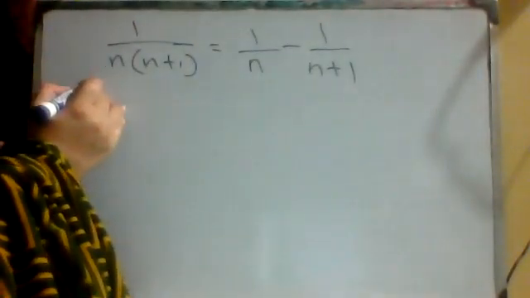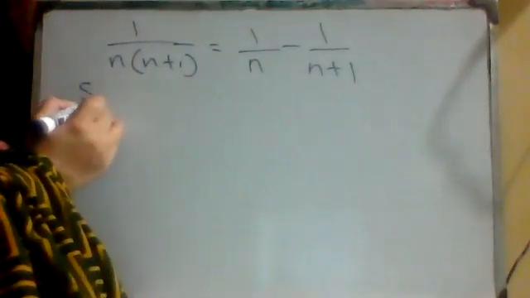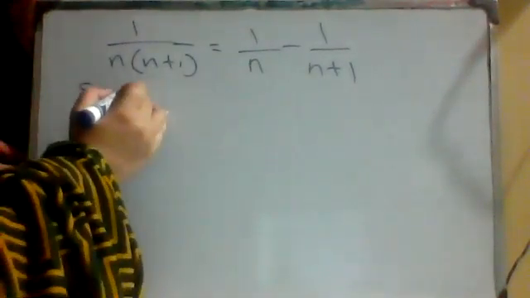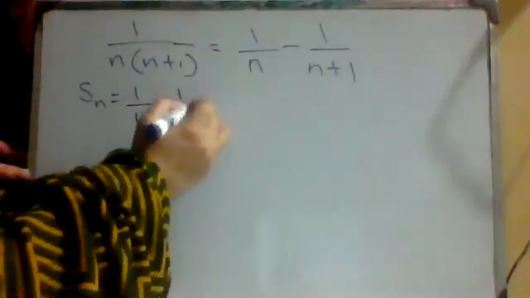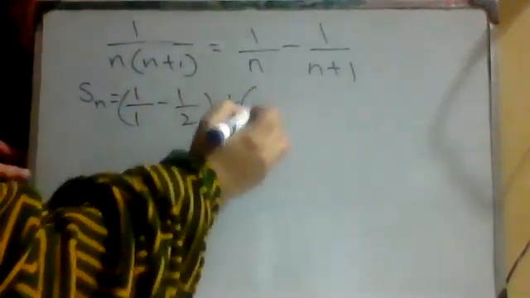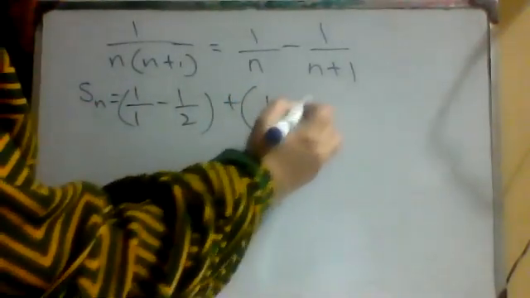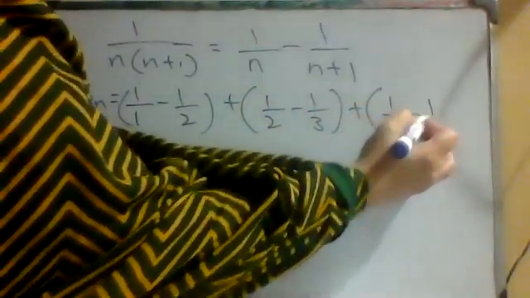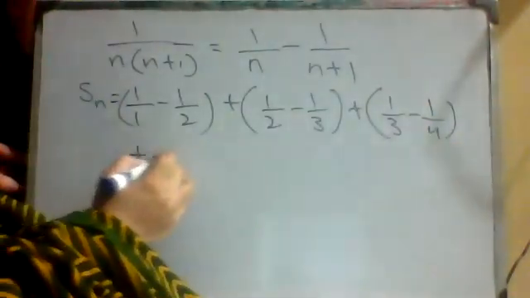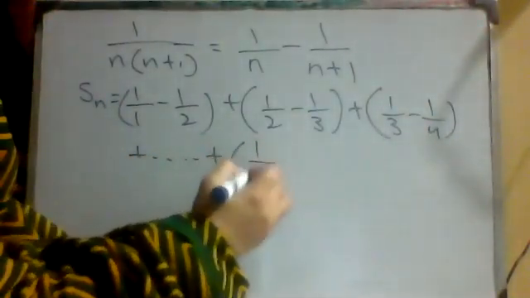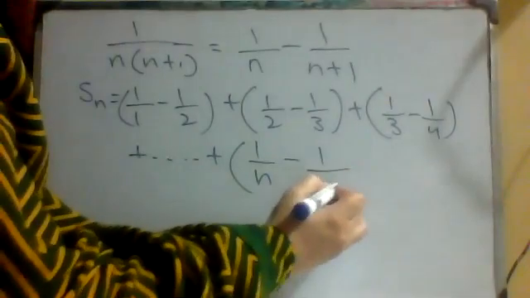So that is my Sn equal to 1 over 1 minus 1 over 2 for the first term. For the second term, I will get 1 over 2 minus 1 over 3. For the third term, I will get 1 over 3 minus 1 over 4, plus, for the nth term, I will write 1 over n minus 1 over n plus 1.